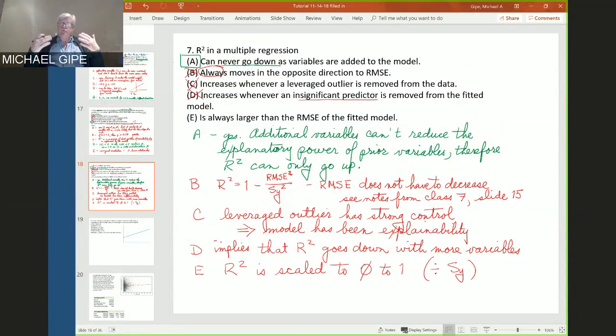So it's scaled such that it can be no larger than the total. But on the other hand, RMSE is not scaled to 0 to 1, and I hesitate to use the term normalized, but mathematically that's what it would be. It's still in the original units.